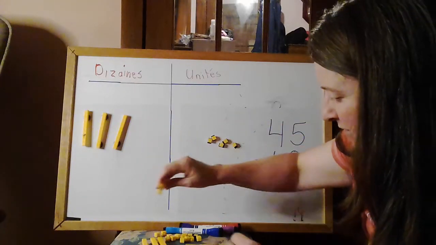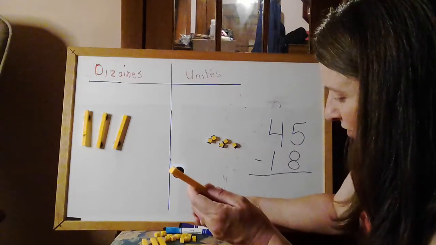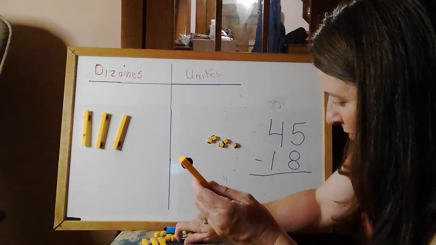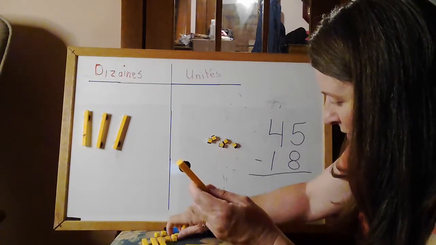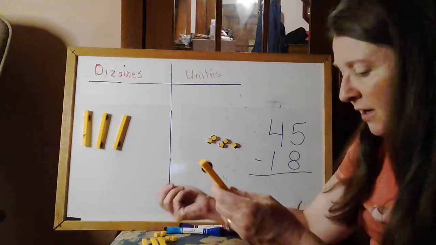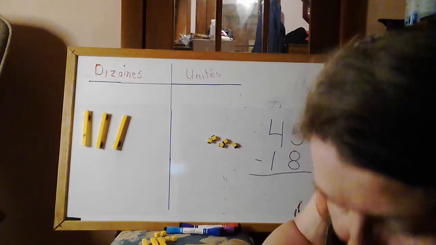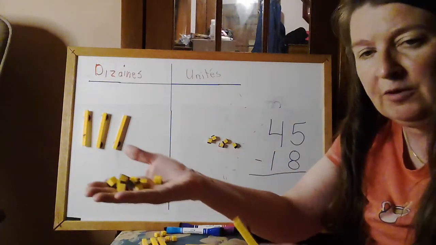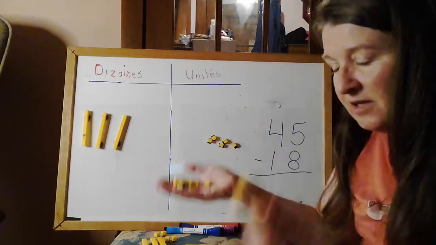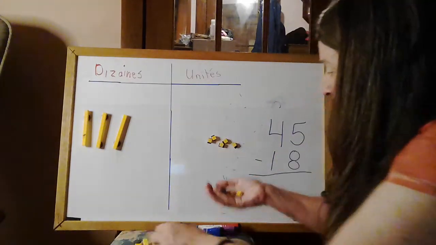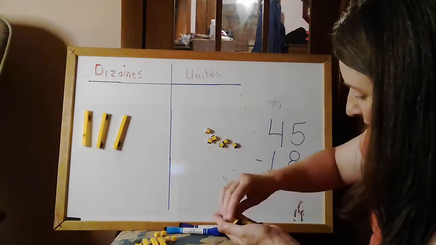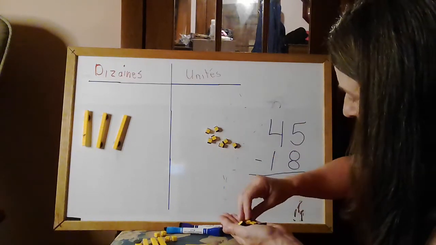So I'm going to take this 10 and change it for 10 ones. So I'm changing my group of 10 for 10 ones. Same value, same number of blocks. But these are going to be easier to work with because I need more ones.